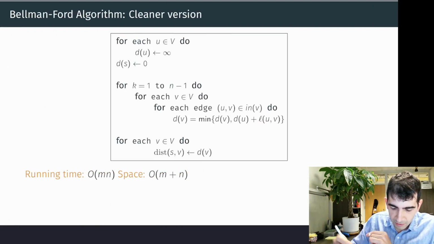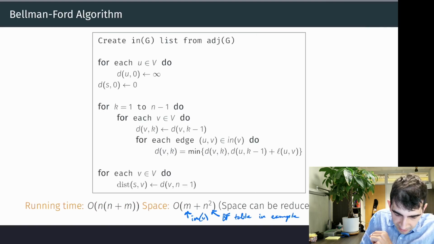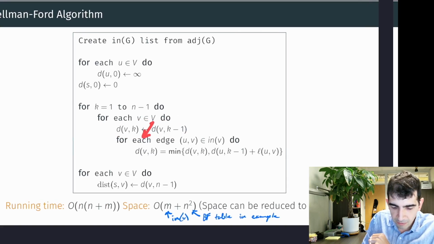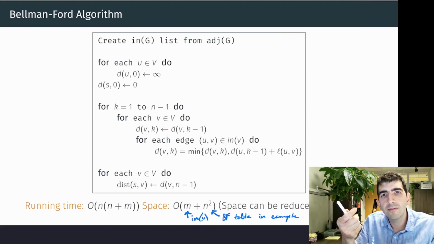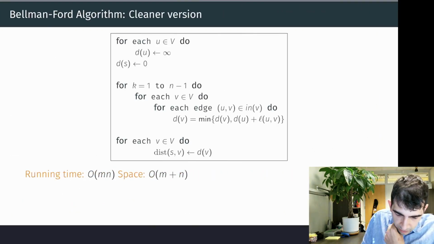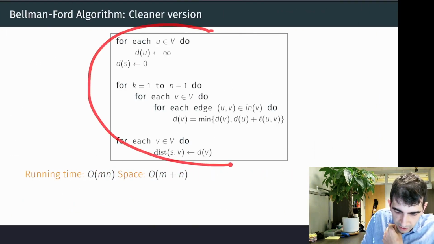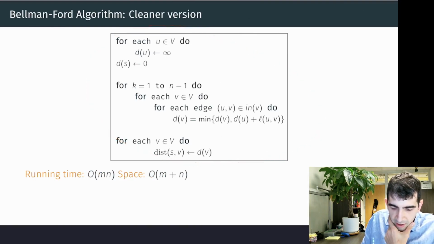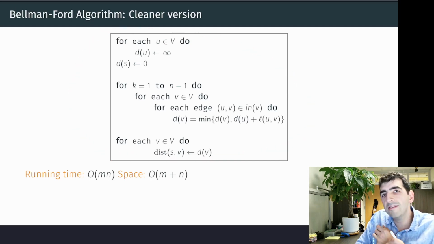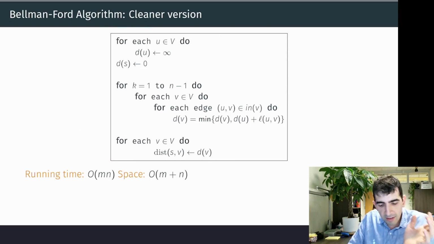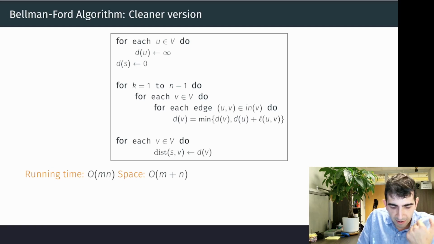So we could greatly reduce our burden by not having a table and not copying one row to the next every single time. We could just have a single row. Either it stays the old value or it changes to a new value. So we could reduce this algorithm further by simply keeping a single row and doing exactly the same calculation, and you get exactly the same result.